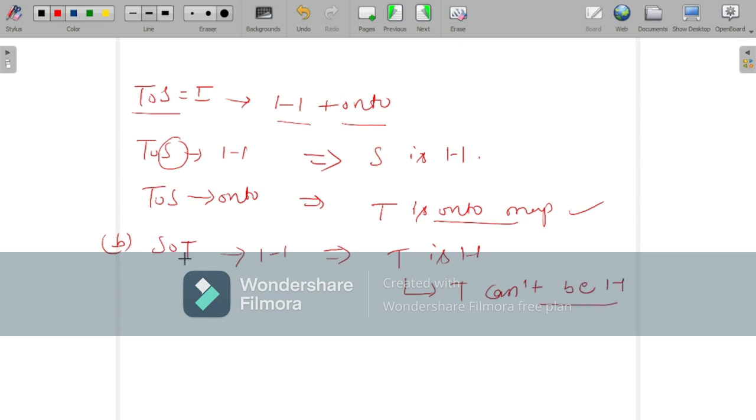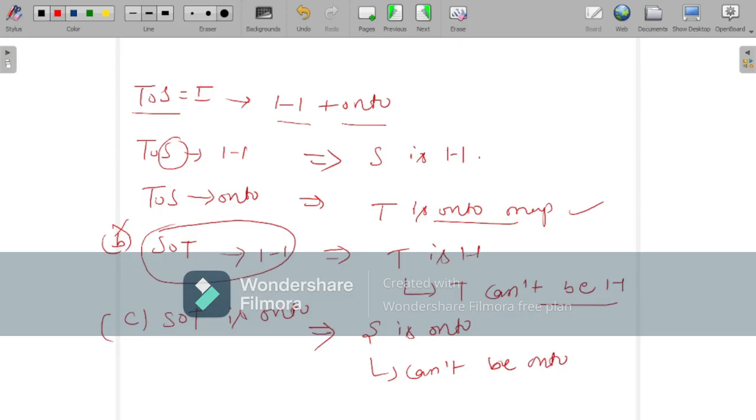So that implies that S composition T cannot be a 1-1 linear transformation. So the B option is wrong. The C option is saying that S composition T is onto. If S composition T is onto, this will imply that S is onto. But we have already seen that S cannot be onto. So the C option is also wrong.